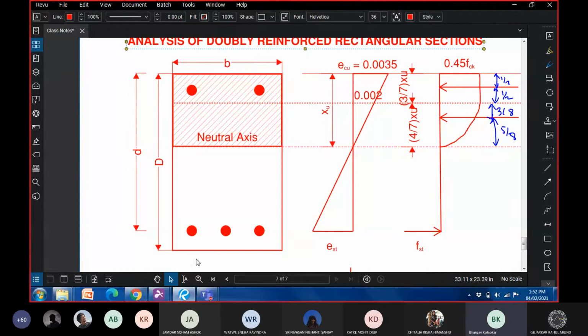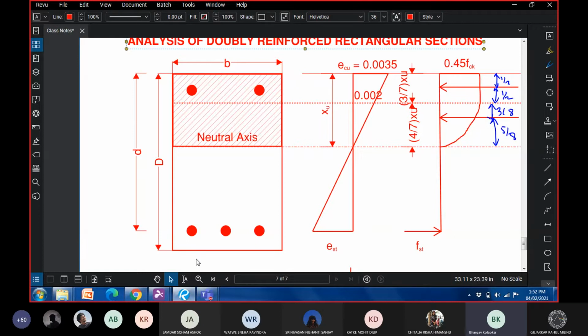In such cases, additional moment of resistance is obtained by adding steel on both tension and compression sides.